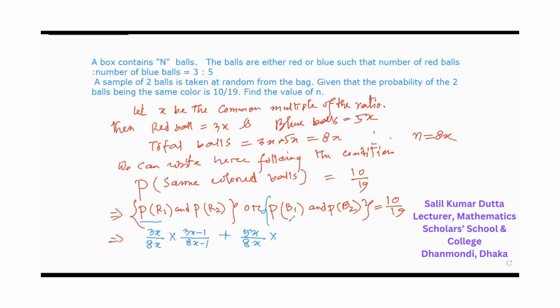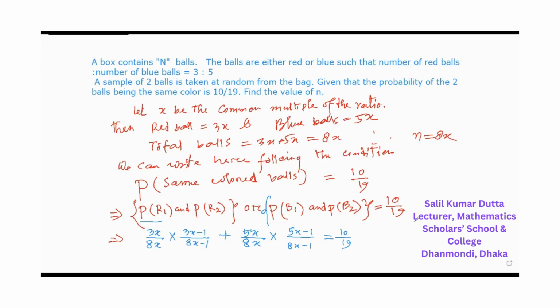But it is without replacement, so 5x minus 1 and 8x minus 1, equals 10/19. This is our equation. If we are able to solve it, we will get the value of x.